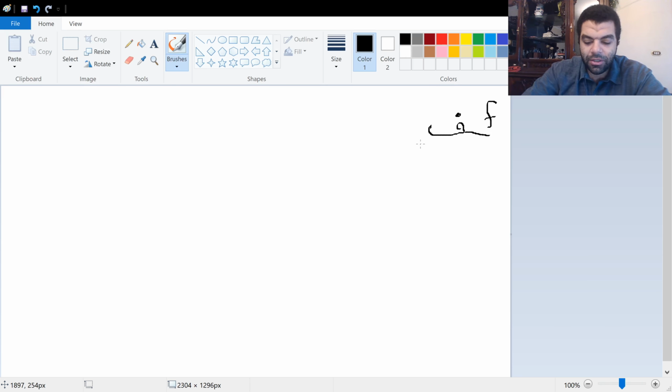Nothing changes. Let's say the word for axe, which is fes, and then fe, go alif, like usual, and then seen. Alif isn't connected from the left, and then seen. See, the last letter always looks like it's separated, all right?